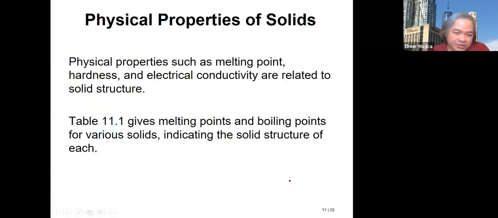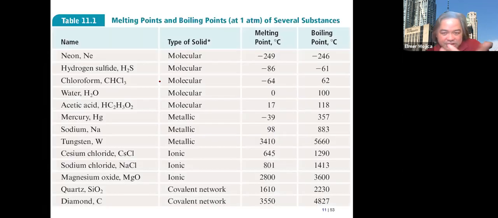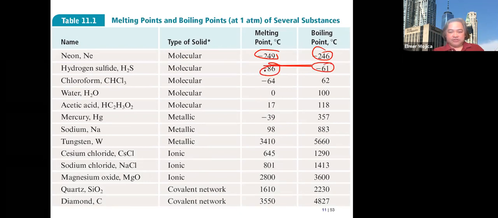And if you're going to compare the properties that they have, like melting point, hardness, and electrical conductivity, you will see them here. So look at all the molecular ones. Their values are really low. Why? Because it's just made up of intermolecular forces of attraction that hold them together. Compare it with the metallic, ionic, and covalent network.